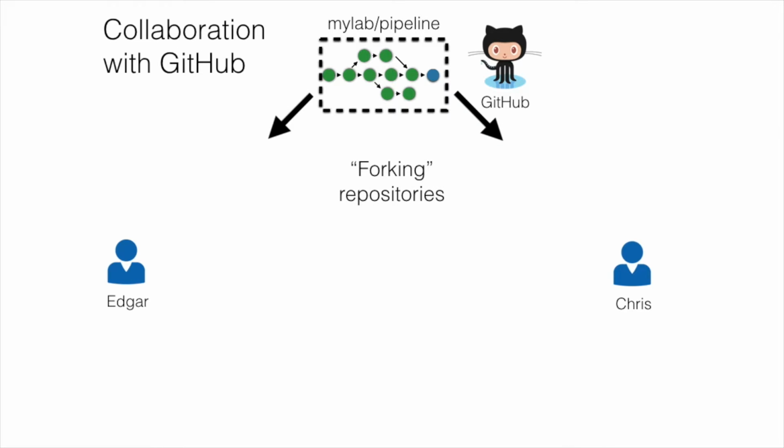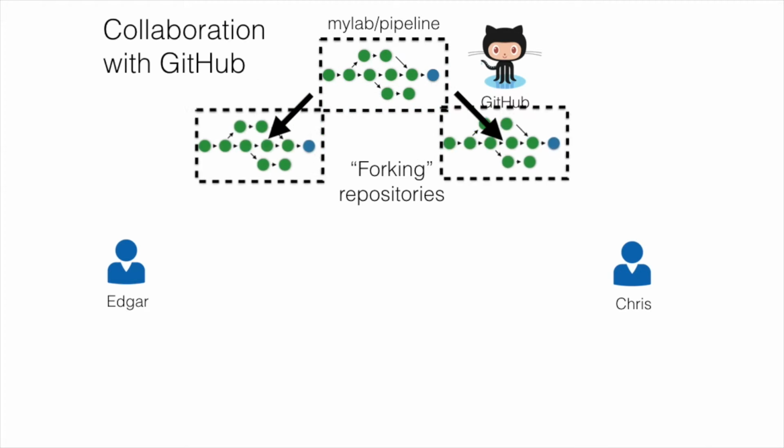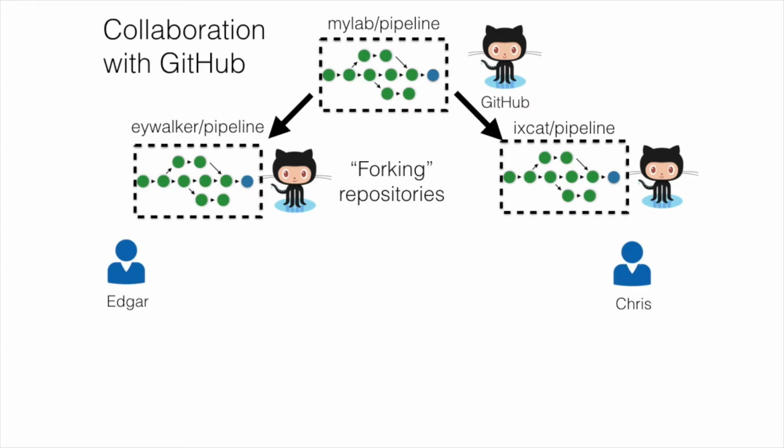The very first thing to do, and you get to do this shortly, is fork the repository on GitHub. What this does is create a complete copy of it under your user account. My user account is EY Walker, so I make a copy of the pipeline repository under my namespace on GitHub. That's called forking. I forked the original repository, and so did Chris. His username is Ixicat, so he has this under his user account.